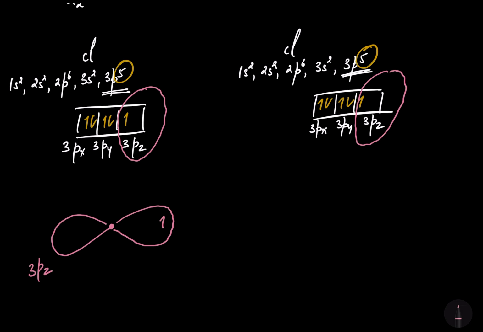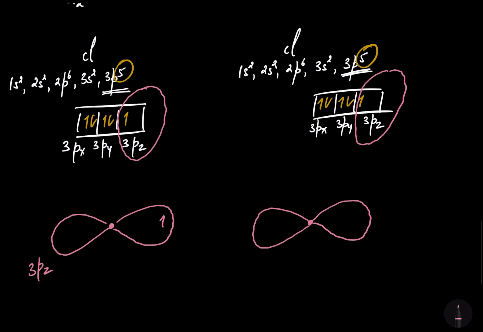I'm saying it again, overlapping of atomic orbitals will take place only when the overlapping orbitals are having electrons with opposite spin. Only then overlapping will take place. Now let's talk about the 3pz orbital of the another chlorine. This is the nucleus. This is the 3pz, the dumbbell shape of the second chlorine, and here is an electron with a spin of -1/2, the opposite spin.